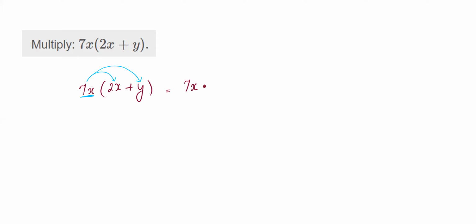So 7x times 2x plus, that's a sign in between, and then it's 7x times y. Now, if I had a minus 7x, then that minus will have to interact with the plus inside. So watch out for the signs. You always combine the signs, right? So, okay, 7 times 2. Remember, we multiply the numbers together and the like bases together. We combine them.